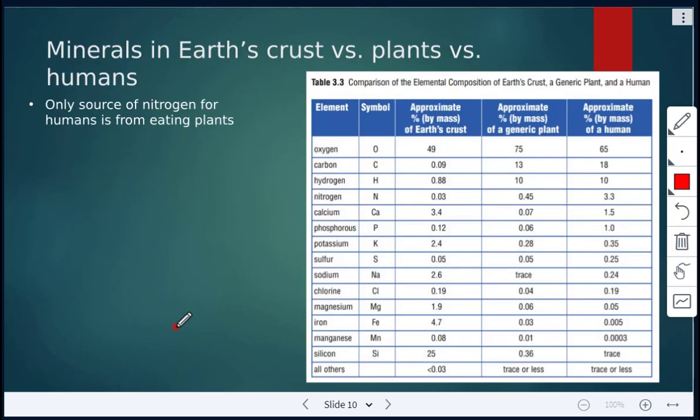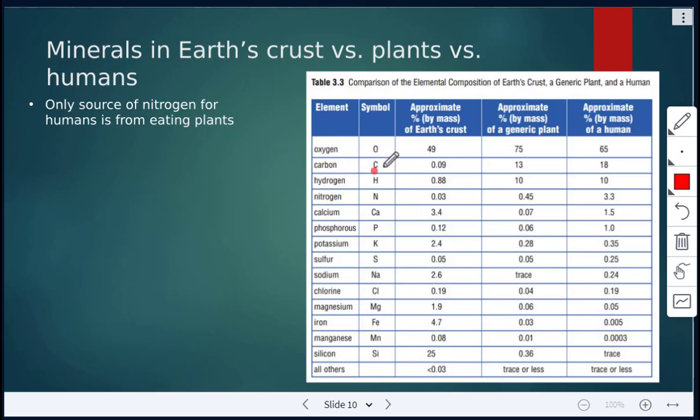All right, so next we're taking a look at this chart, and what we're seeing here is the element, and we have its symbol, its approximate percent by mass of Earth's crust, then approximate percent by mass of a generic plant, and then approximate percent by mass of a human. So for example, let's say we're looking at carbon.